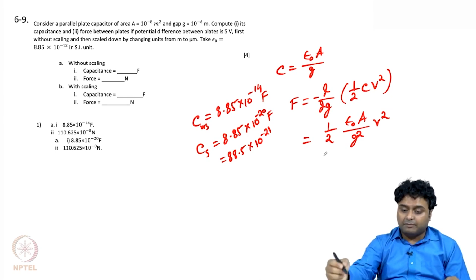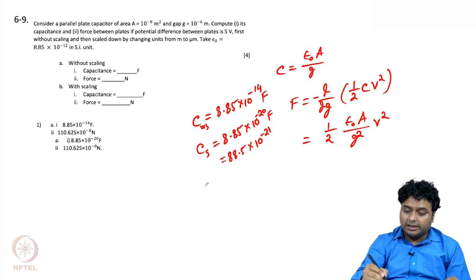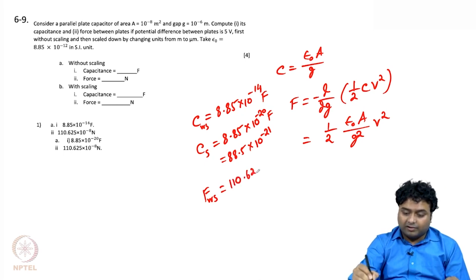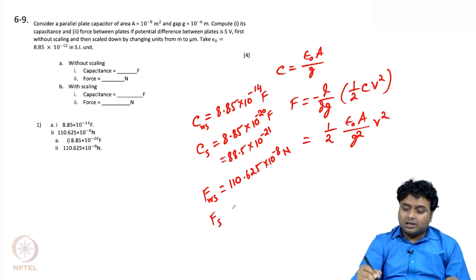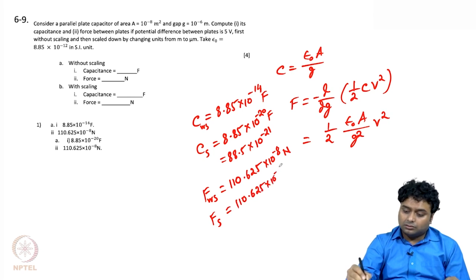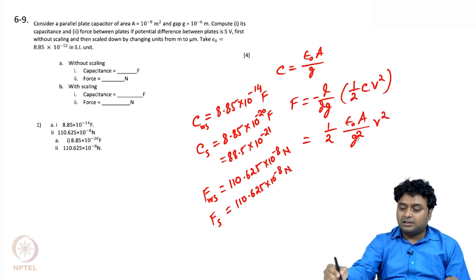And if you put the same epsilon naught, A and G values given in the question, then you will get the force without scaling equal to 110.625 into 10 to the power minus 8 Newton, and with scaling you don't even need to calculate because it will be the same value, right, because A and G both will get converted from meter to micrometer, so we directly get the answer.